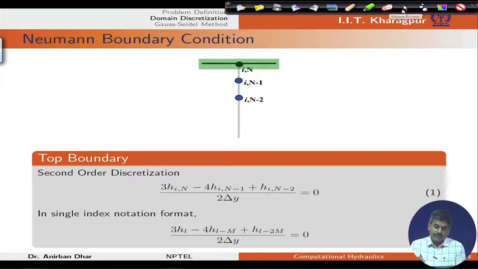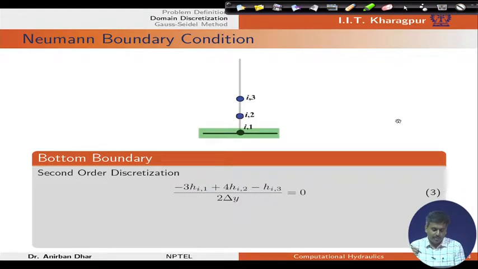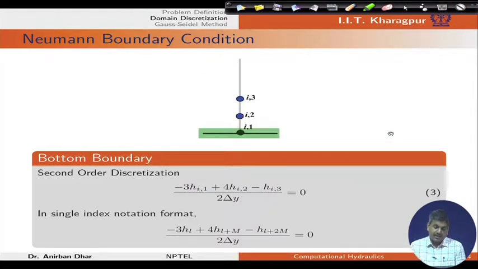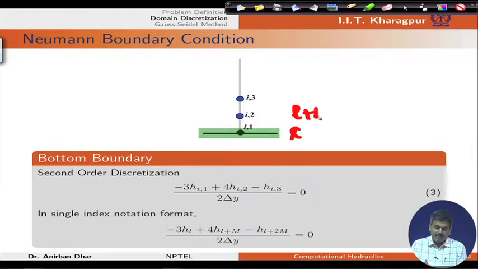Now, for the bottom boundary, again that will be in terms of L, L plus m and L plus 2m points.